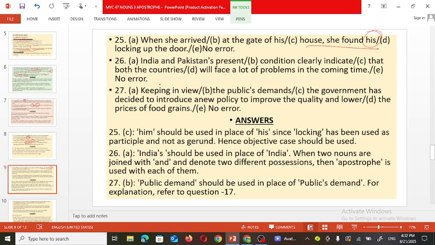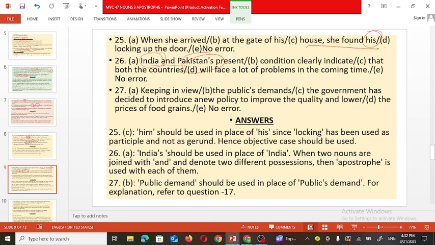So here, when two nouns are used with the conjunction and denote two different positions, then the apostrophe is used with each of them. So here only India is given. So India's and Pakistan's present condition must be there like that. So the error is in A part.